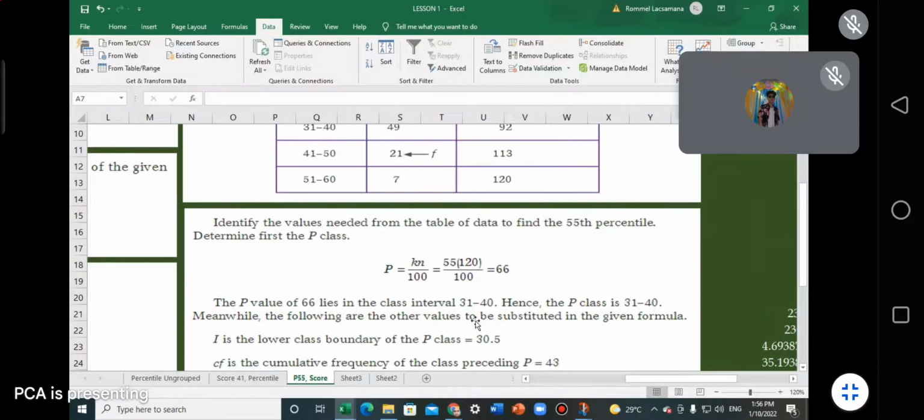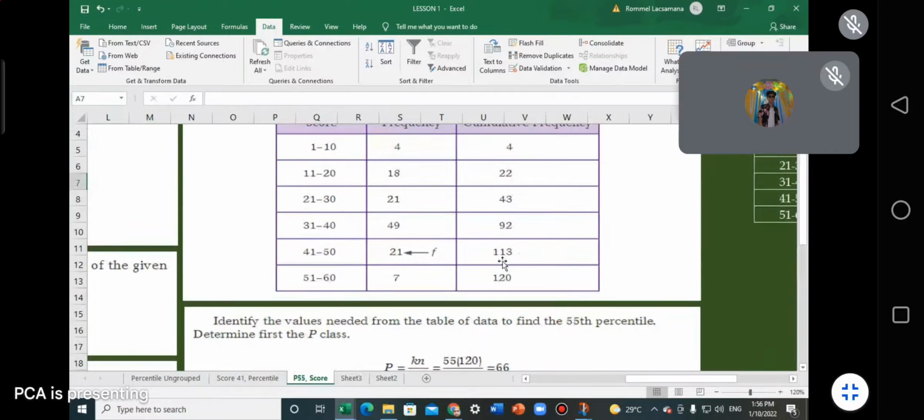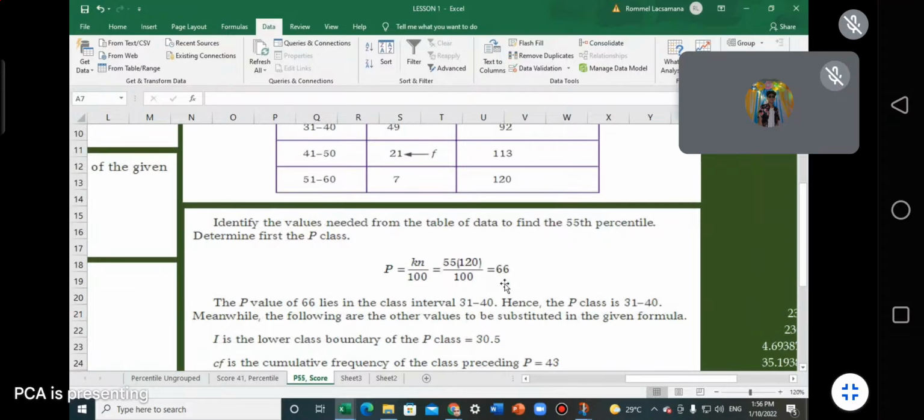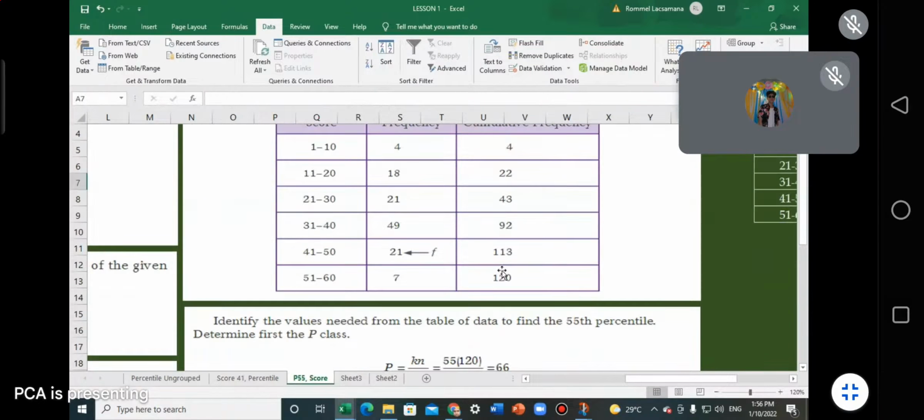How? 66 is not in between 31 and 40. We're looking for the CF, the cumulative frequency. 66 is actually in between 43 and 92.